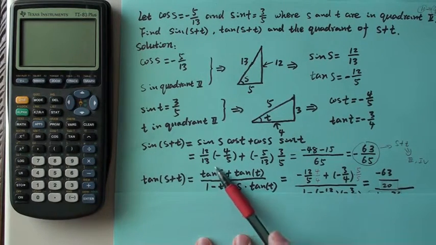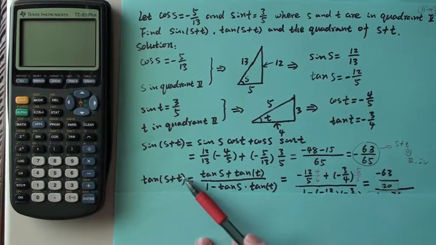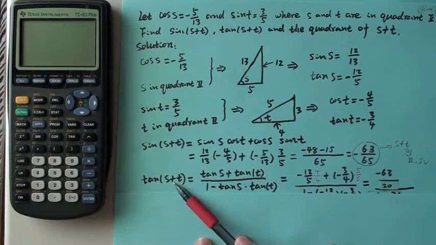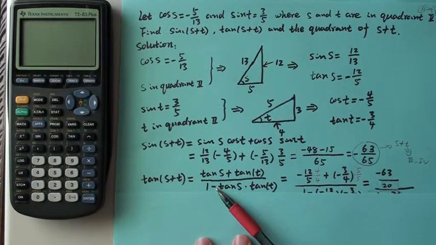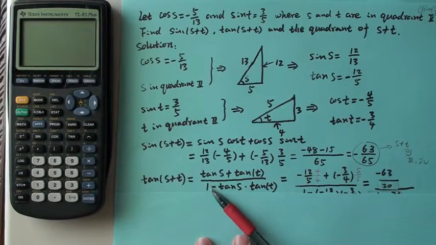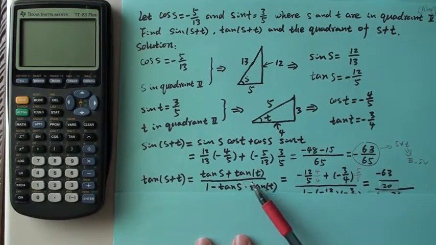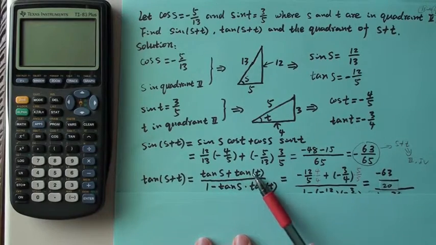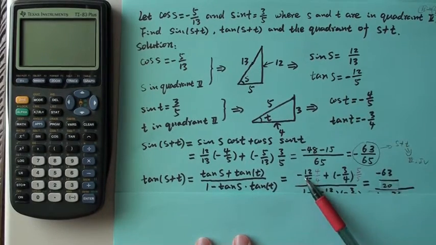Now, tangent of s plus t, and here is the formula. You want tangent s plus tangent t. Here is plus, and down here will be subtraction: 1, always 1, and then downstairs is the product of the above two. Tangent s, we have it already, negative 12 over 5.